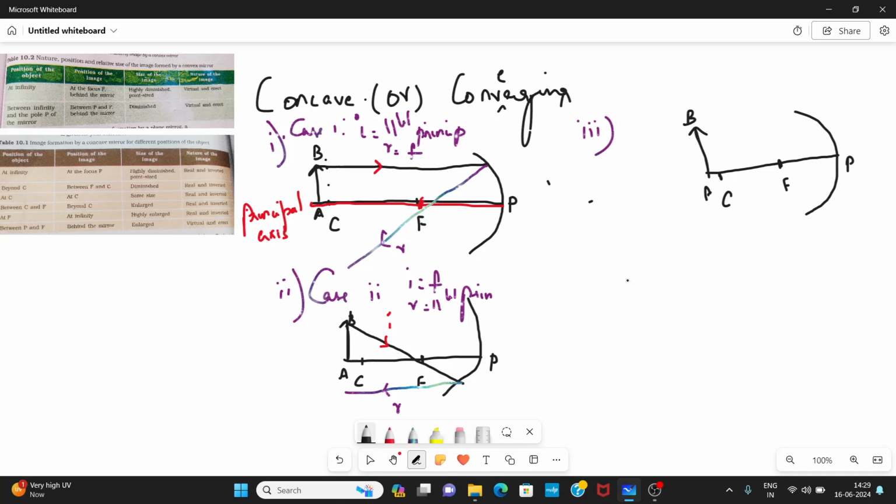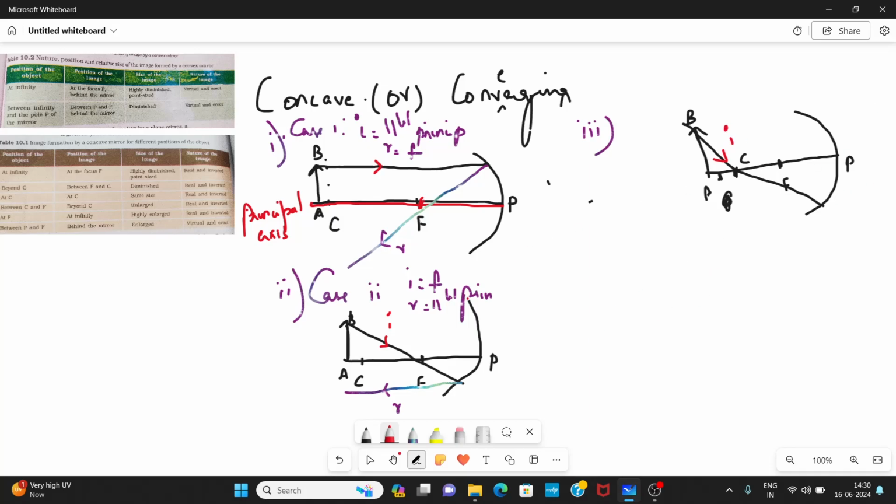I am talking about a ray passing through the center of curvature. So let this be the center of curvature. My incident light is passing through the center of curvature. This is my incident light.